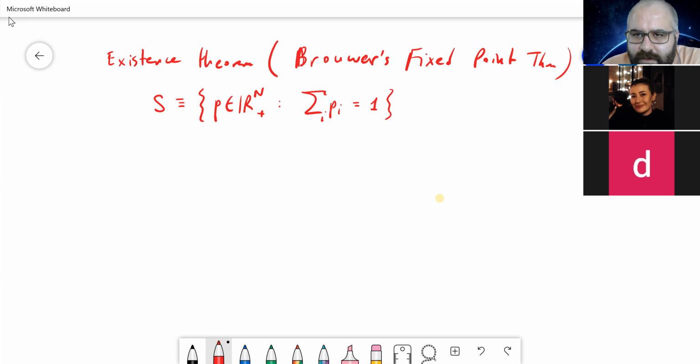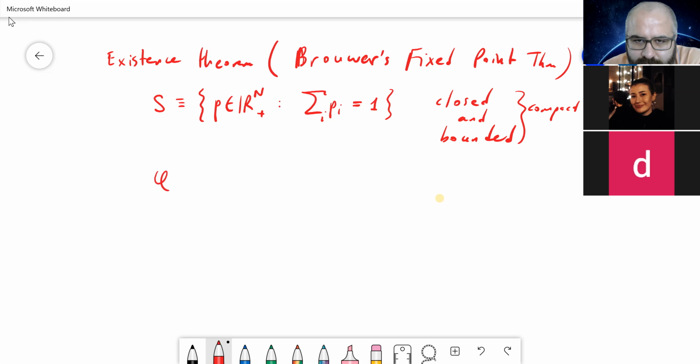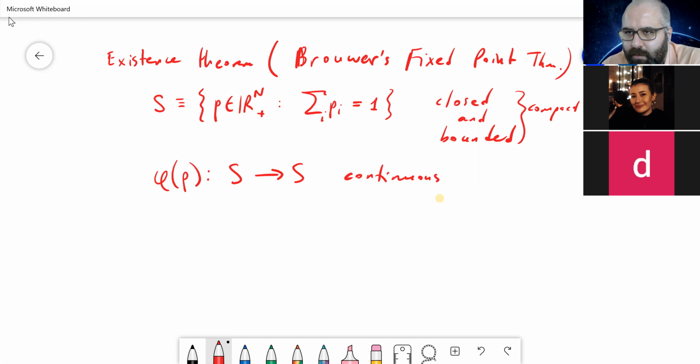Okay. Now, as you realize, this set is closed and bounded. In other words, it is compact. If the phi function is continuous, then according to Brouwer's fixed point theorem, which we will not prove, we are not mathematicians, but we're going to use it.